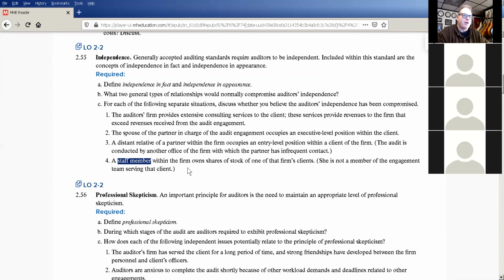That's a huge problem because it's prohibited. You can't have one share of IBM stock and work on the IBM audit. So usually they give you a list of clients and say, if you have any shares in any of these, you have to sell them.